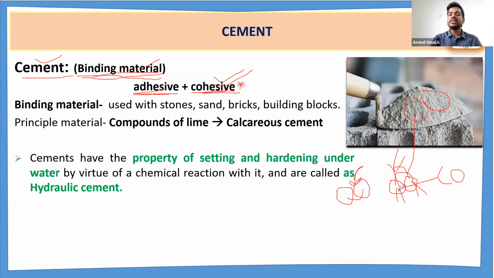This property is nothing but cohesive property, attraction between molecules having the same properties. And coming to the adhesive property, see here, I am taking one of the examples of aggregates.